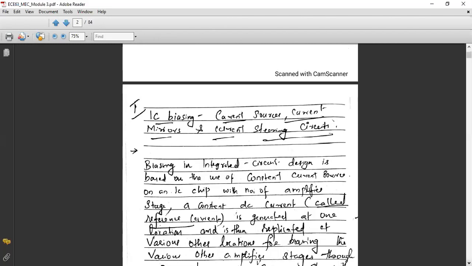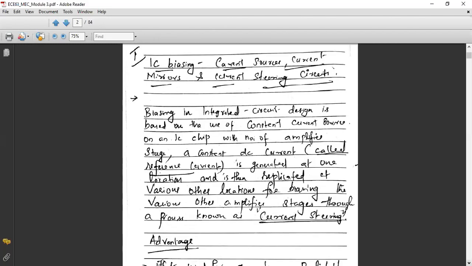Fine. Now we are going to the first topic of the module, that is IC biasing. As I said earlier, the main circuits for IC biasing involve a current source, current mirror, and current steering circuit. Do you know what a current source is? A current source is a circuitry used to produce an output current from a source.